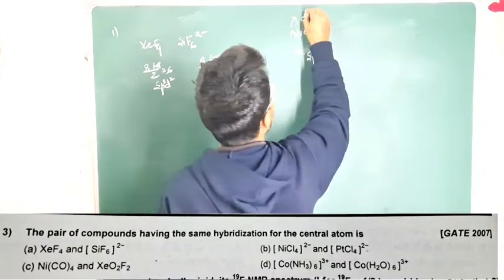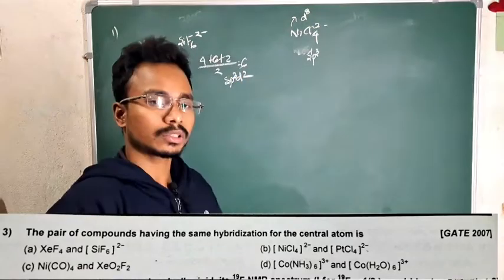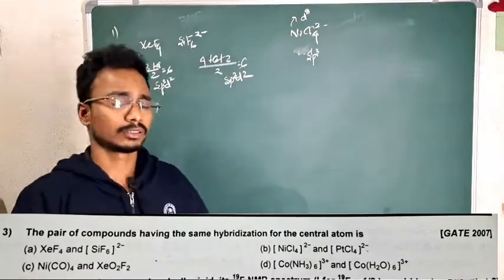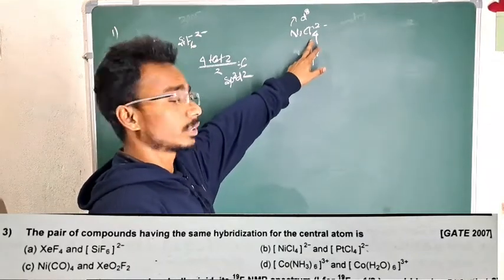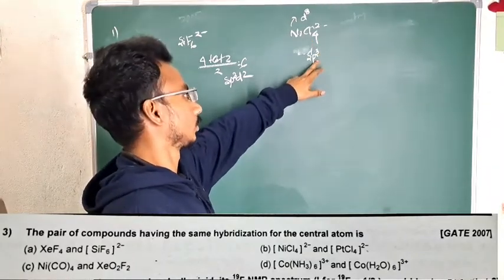You know, a d8 system will give you square planar or tetrahedral. If it is a weak field ligand, then it will give tetrahedral.